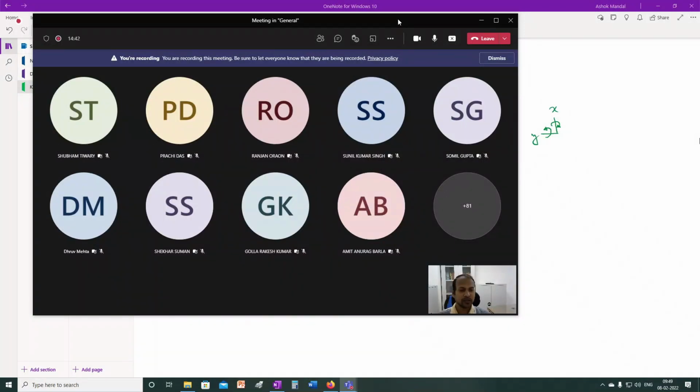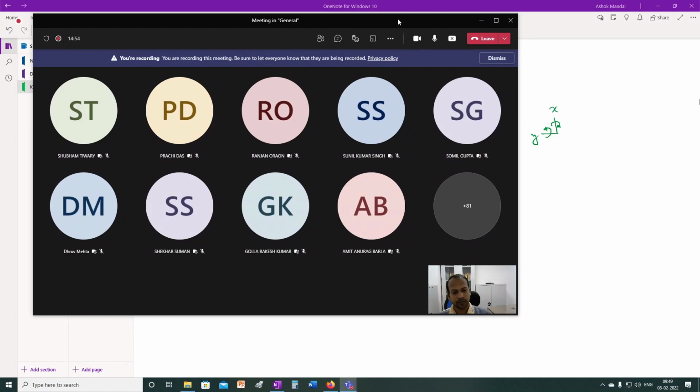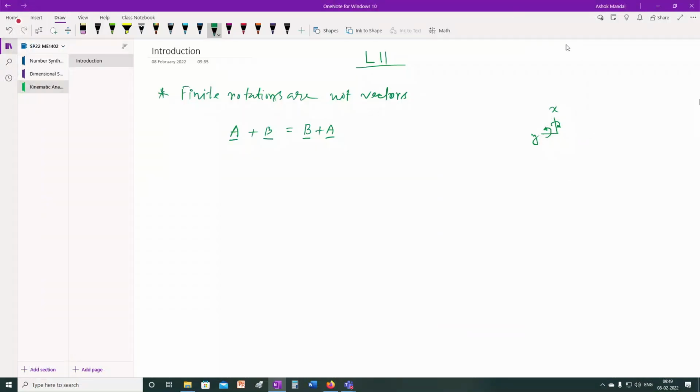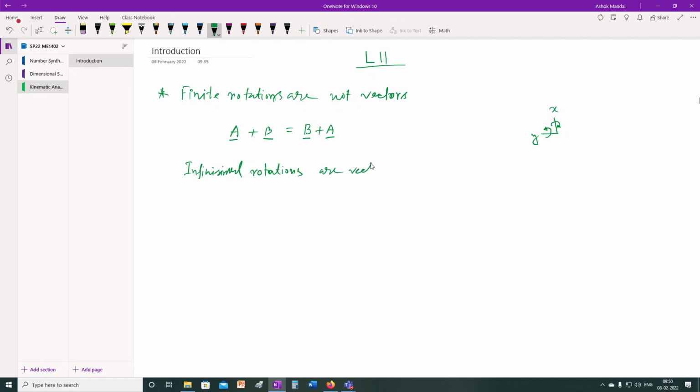But we can also mathematically prove that if you take very small, infinitesimal rotations, then they give you the result a plus b equals b plus a, which proves that infinitesimal rotations are vectors. Why are we discussing this?